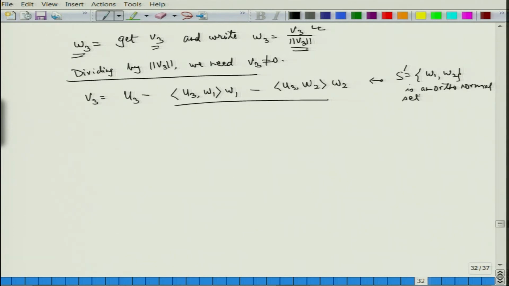I am defining W as the sum over i equal to 1 to 2 of the inner product of U3 with Wi times Wi.